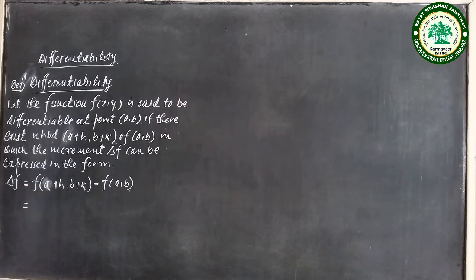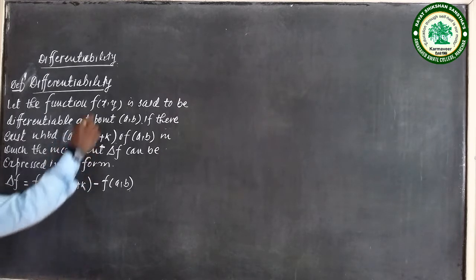You can directly explain it as the value of the function at a point which is nearer to the point (a, b) in the neighborhood.